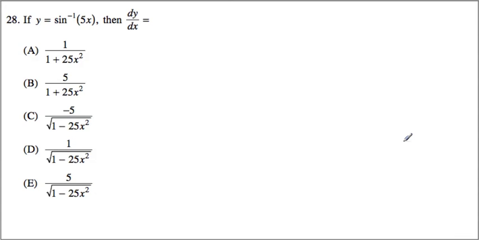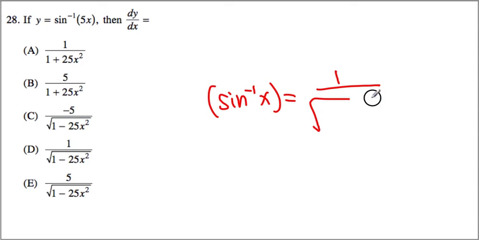The last question from the no calculator part. Here we have y equals arc sine of 5x. Now, what is the derivative of that expression? In fact, if you remember, derivative of arc sine of x will be simply equal to 1 over square root of 1 minus x squared.